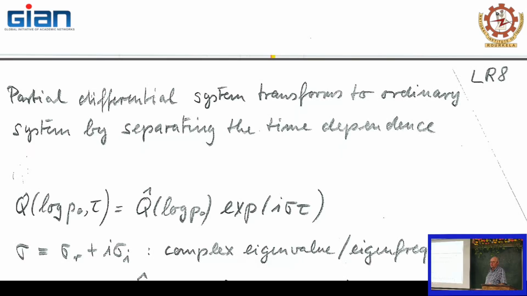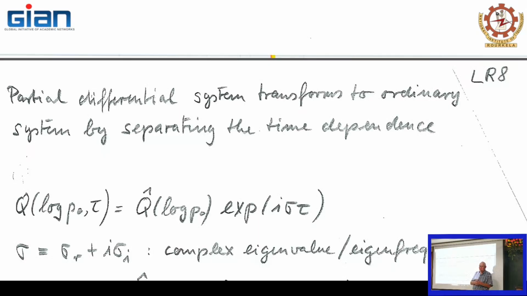Well, then the time derivative of a quantity with respect to tau would result in the same function times a factor of i sigma. The time derivative will not act on the spatial part, it acts on the exponential, and the time derivative of the exponential gives the exponential times the inner derivative, which is i sigma.